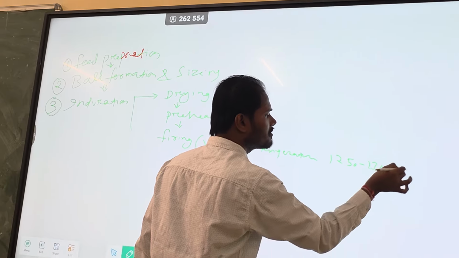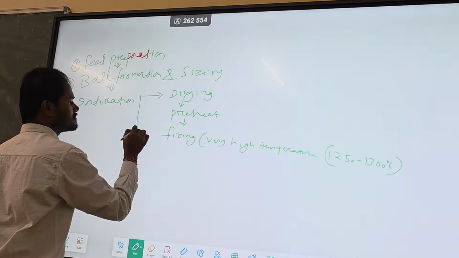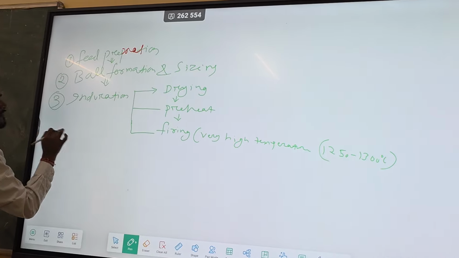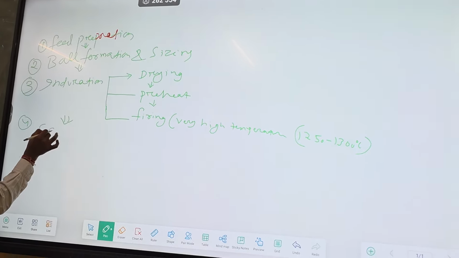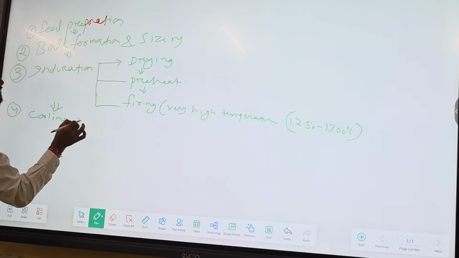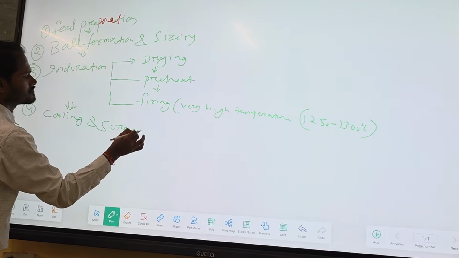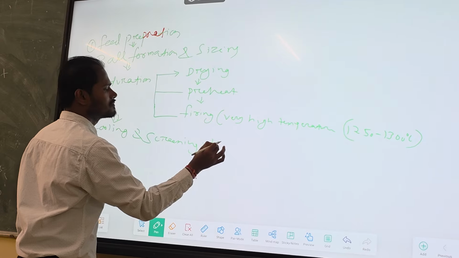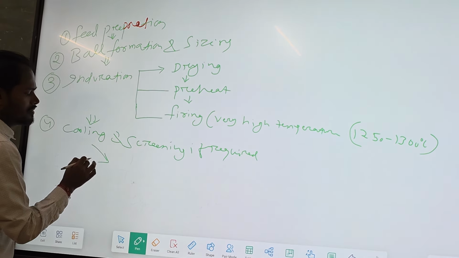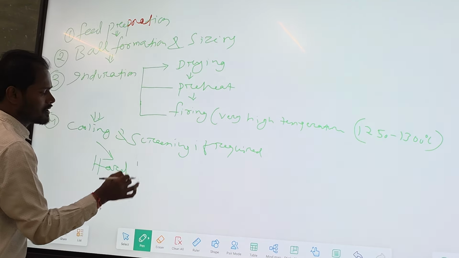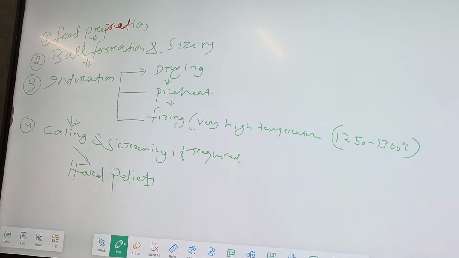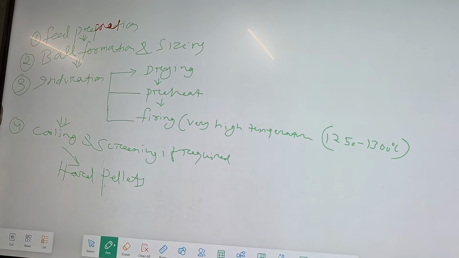Sorry, now 1350 in this. Then the next step is, it will give you hard pellets. So this is the sequence of making pellets.